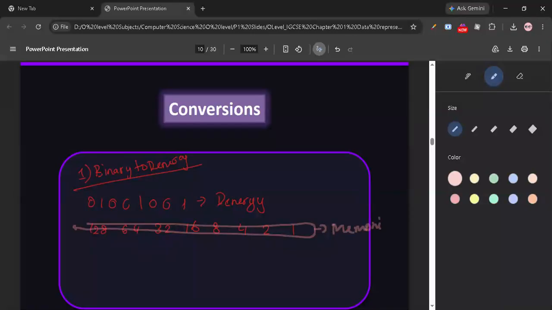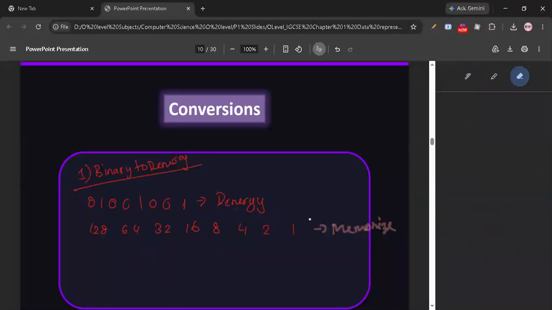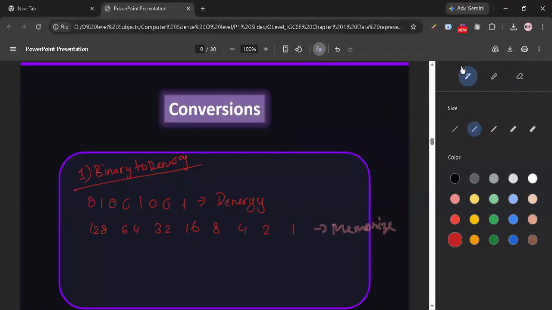Whenever you are doing maths, memorize this, because it will be easier for you to write it in the exam paper. There are other methods, but I prefer this method; it is the best, and every teacher would recommend it. All right, let's move on to the next one.